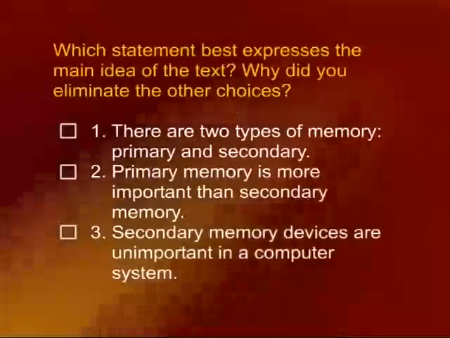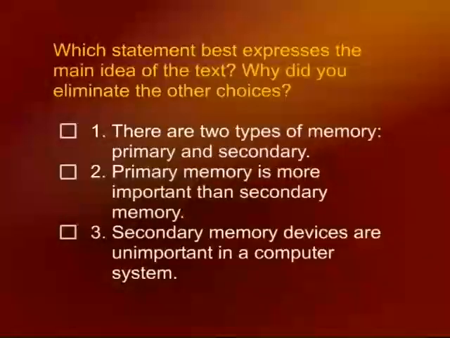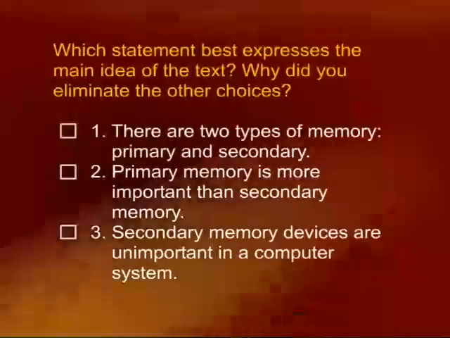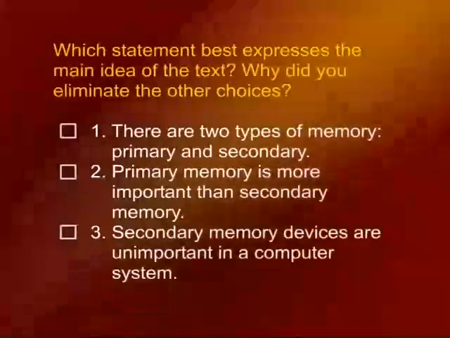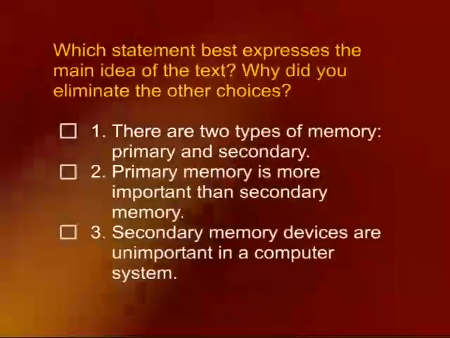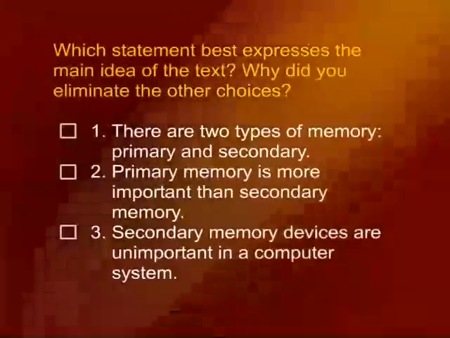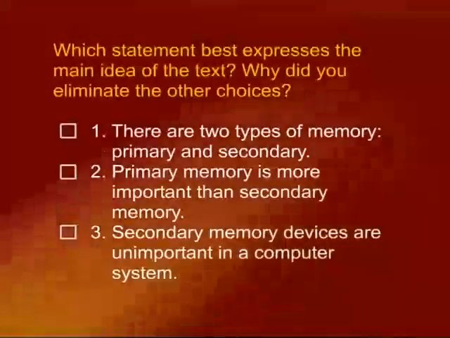Number 1, there are 2 types of memory, primary and secondary. Is this the main idea of the text? Is this what the text is about? Number 2, primary memory is more important than secondary memory. And number 3, secondary memory devices are unimportant in a computer system.